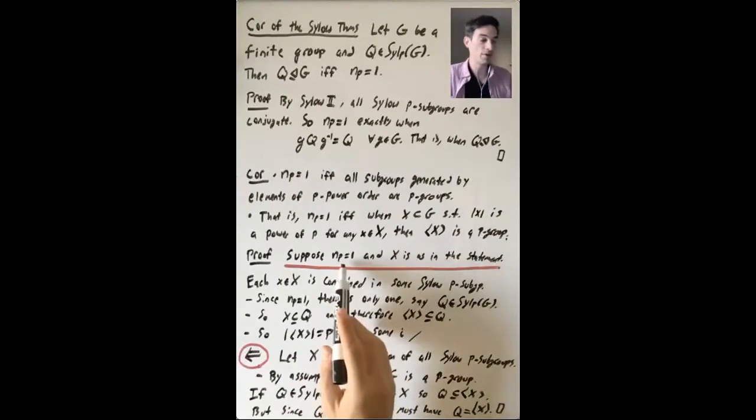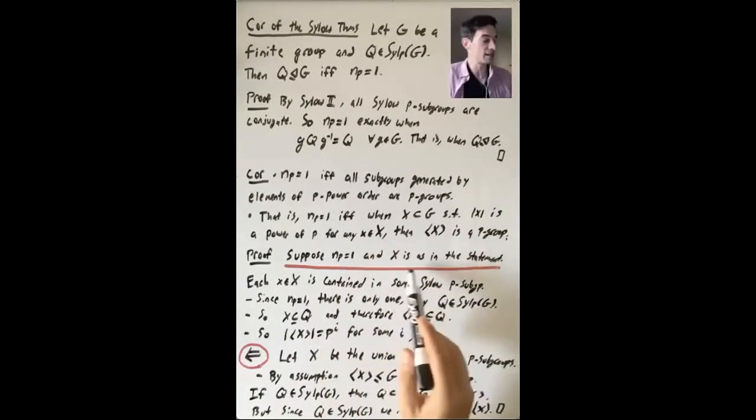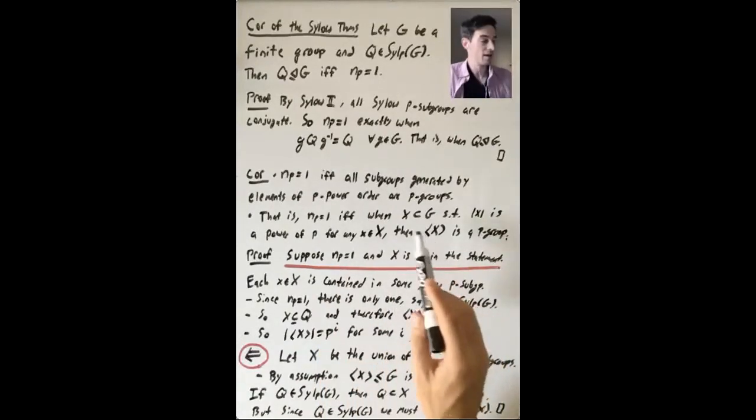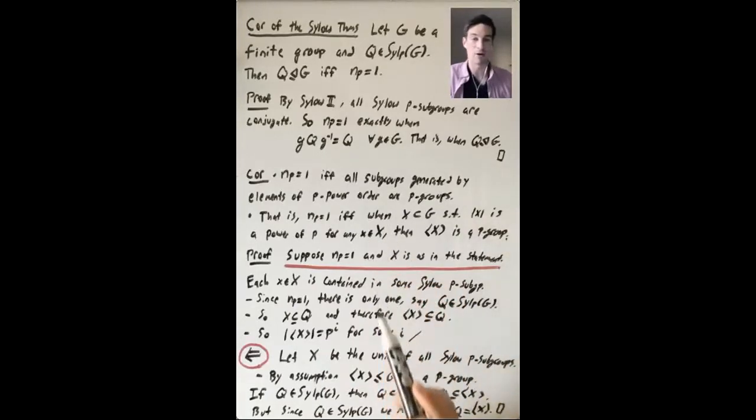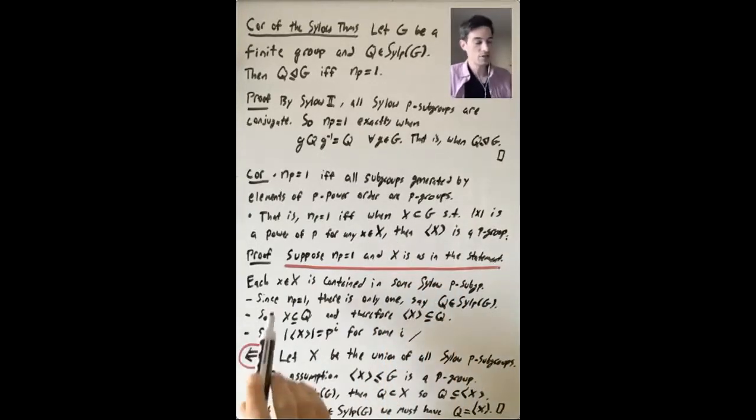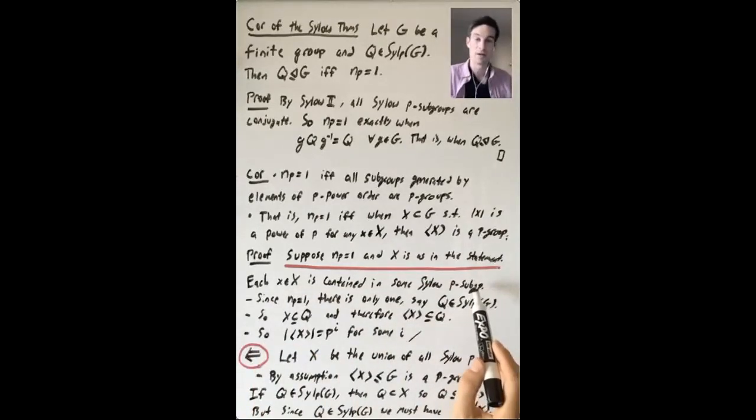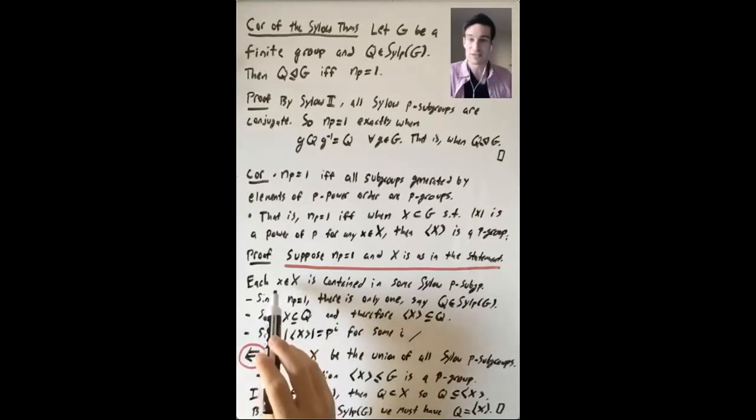First, let's suppose that n_p equals 1 and that X is a subset so that every element in X has p-power order. So each element little x is contained in some Sylow p-subgroup. That was contained in the stronger version of Sylow 1 that we proved, that every subgroup of order p to the i is contained in a Sylow p-subgroup. So this element little x is certainly contained in the cyclic subgroup that it generates.